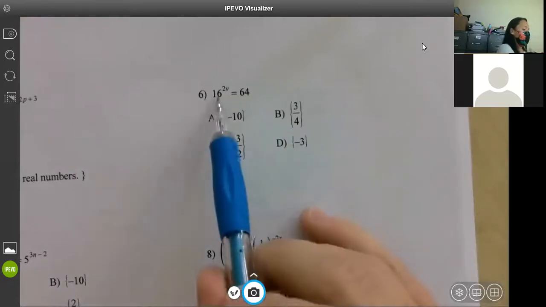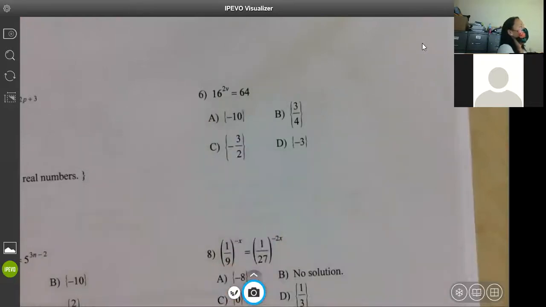All right. How can I make 16 and 64 the same base? I have to have the same base, so like base 2, base 3, base 4. Can I do 2 to the something, 3 to the something, 4 to the something, and get both of them in that category? 4 to the third will give me 64.